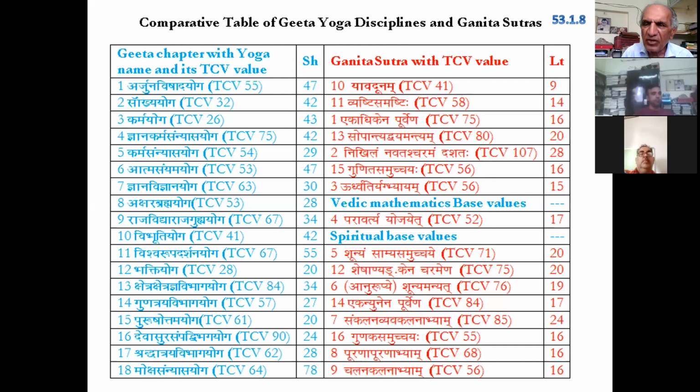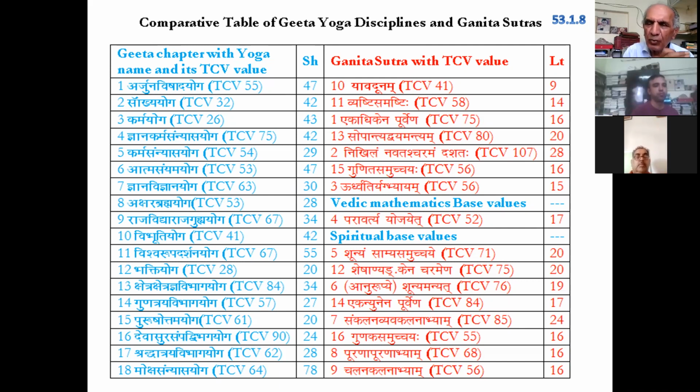One prominent feature is that Akshar Brahm Yoga of chapter 8 of Srimad Bhagavad Gita is of basis-based values of Vedic mathematics, and as such, there is no specific Ganita Sutras being attached in this tabulation.